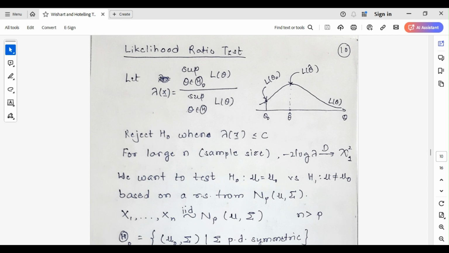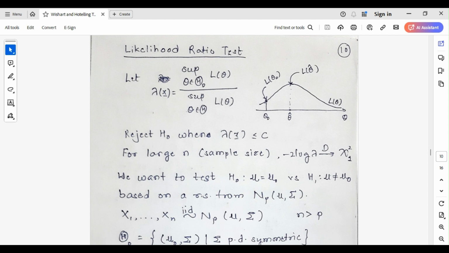The opposite should be true when the null hypothesis is not the true or correct hypothesis. So, when the sample is not coming from the portion of the parameter space specified by the null hypothesis, then the difference between these likelihood supremum under the null parameter space, script theta naught, and under the entire parameter space will be significant.